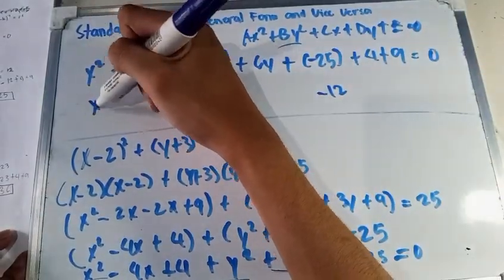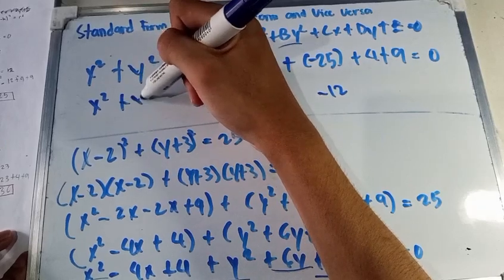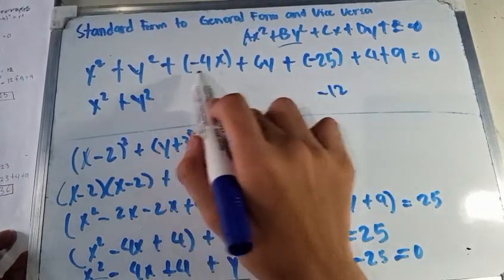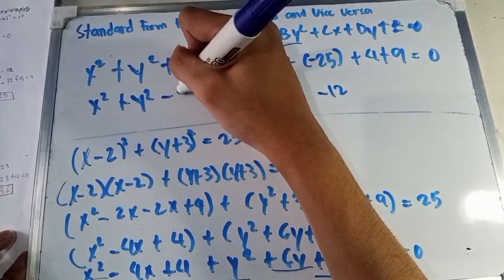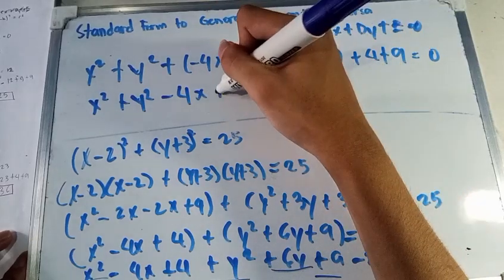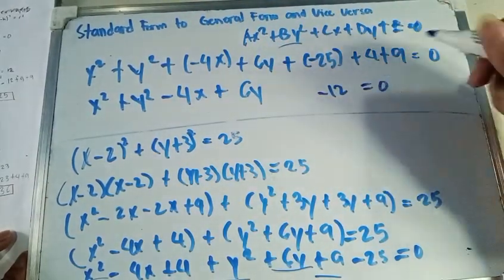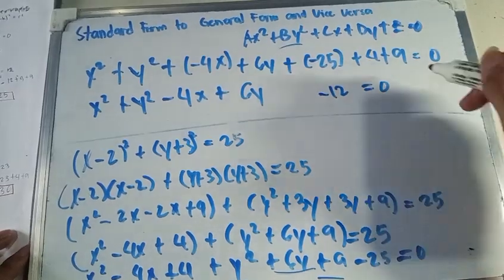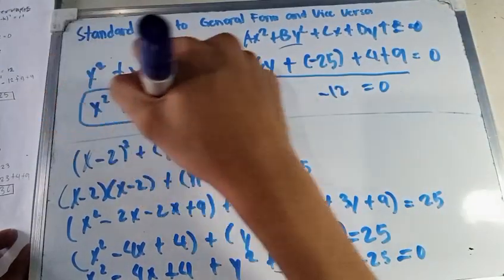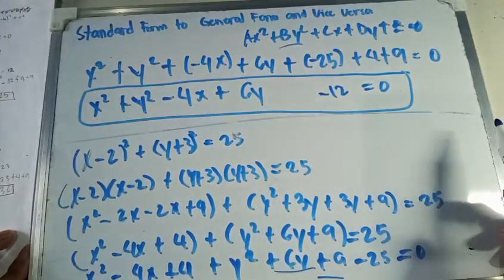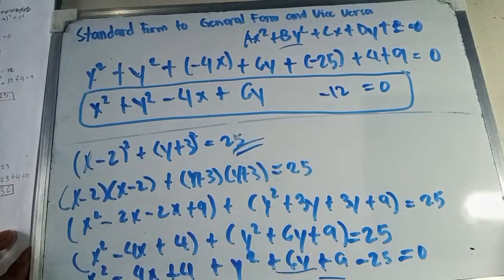Now we can write x squared plus y squared minus 4x plus 6y minus 12 equals 0. So this is our general form for this circle.